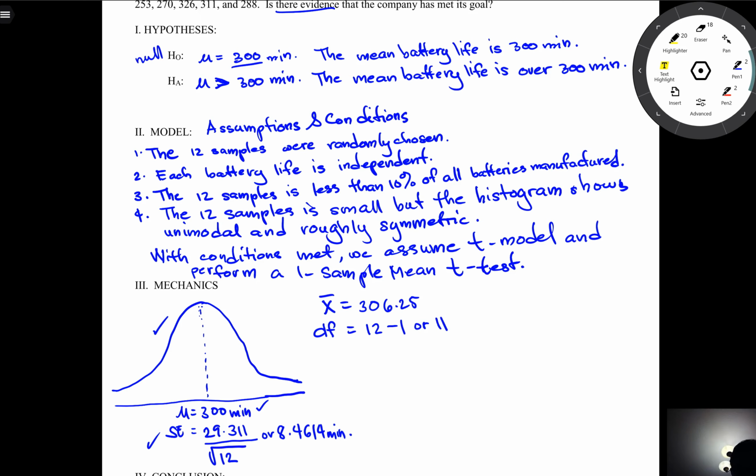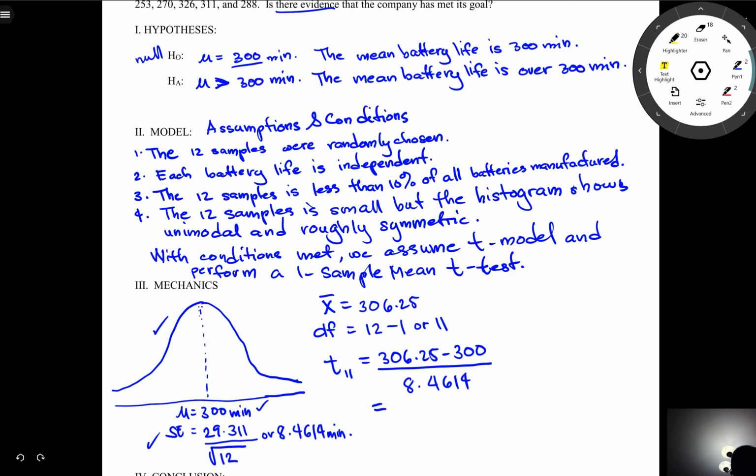And then we solve the t-score, with a degree of freedom of 11. The t-score is the data value, which is 306.25, minus the mean, which is 300, divided by the standard deviation, 29.311, divided by the square root of 12, or 8.4614.